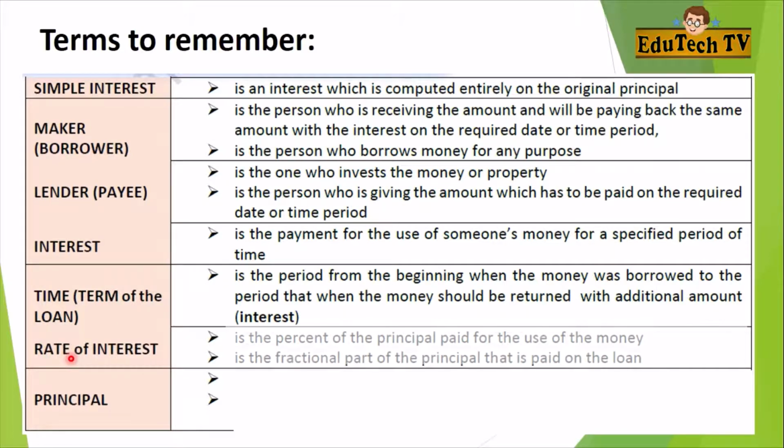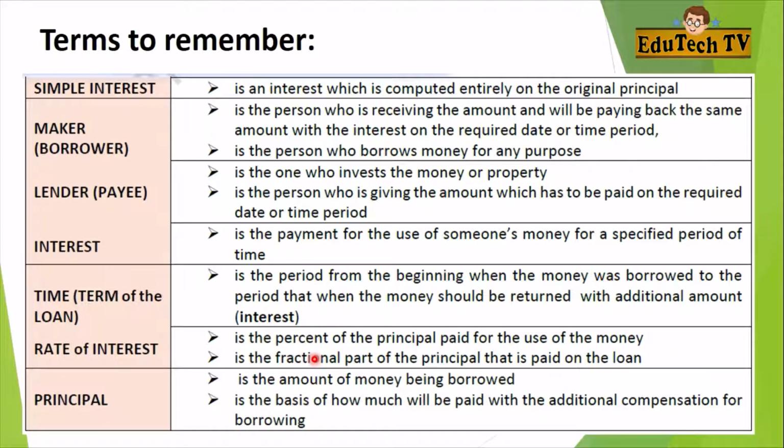Now, the rate of interest is the percent of the principal paid for the use of money, or it is the fractional part of the principal that is paid on the loan. The principal is the amount of money being borrowed, and it is the basis of how much will be paid with the additional compensation for borrowing.